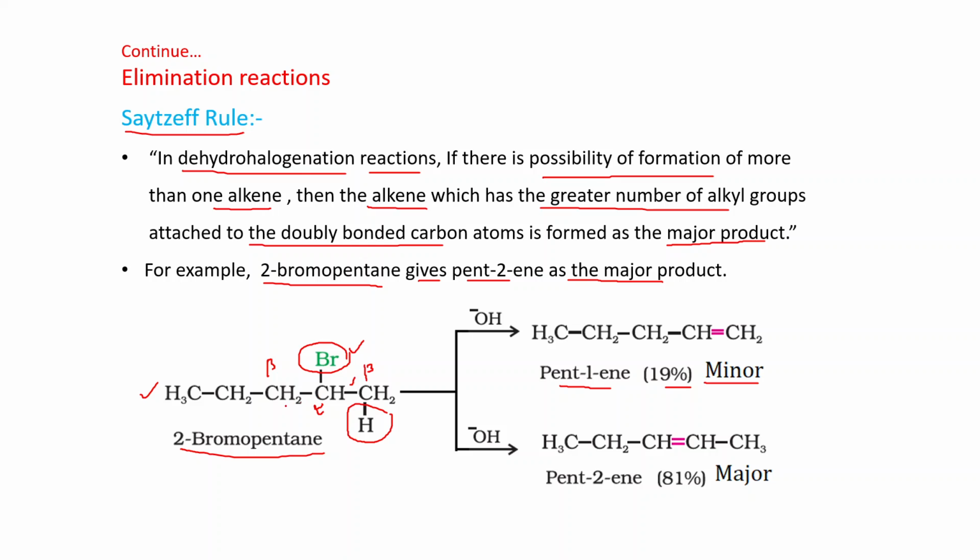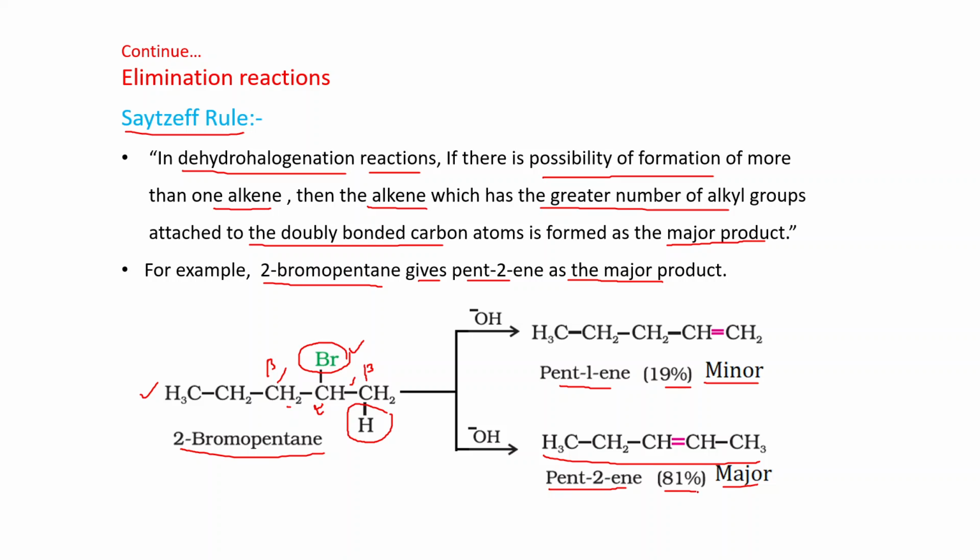But when one of the hydrogen atoms from this other beta carbon is removed, then we will get this one. Okay, CH3CH2CH=CHCH3. This is pent-2-ene and this is the major product, and this is 81%.